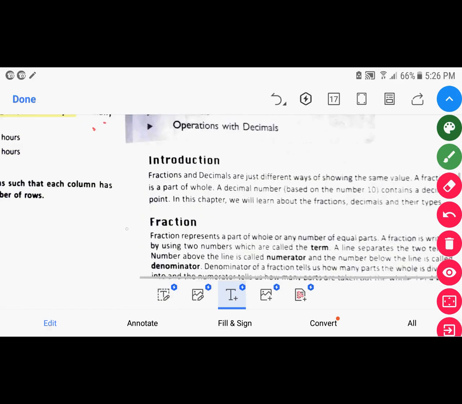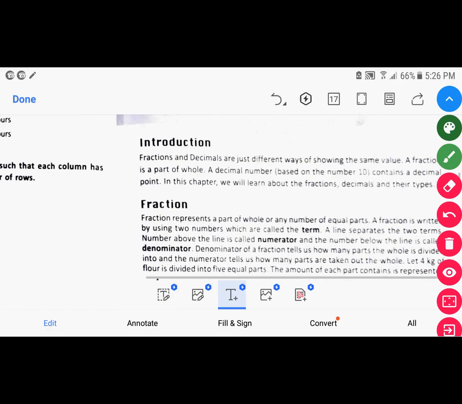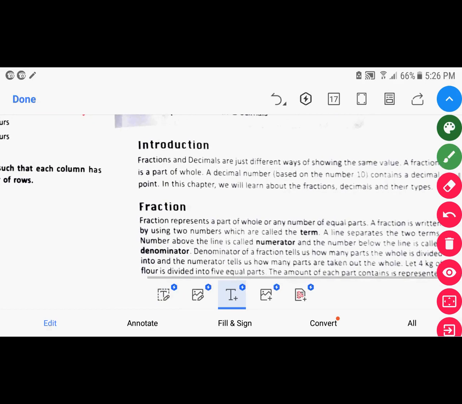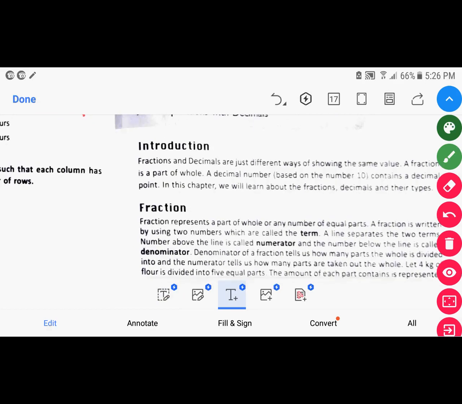So what is meant by fraction and what is meant by decimal? Fraction and decimal are different ways to show the same value.